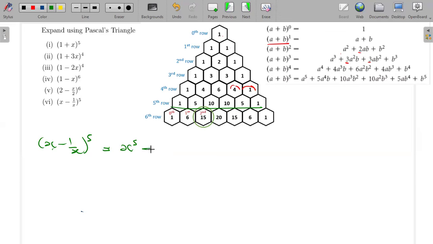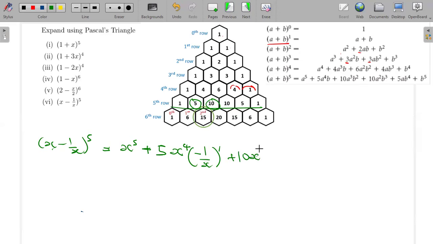Then you say plus. Then you go to the next coefficient there, that's 5. So I write the 5 there. And then this here, the x will reduce in the power, so it will reduce to the power of 4. And then the next one increases to the power of 1. So that will be 1 over x, like that. So it's increased to the power of 1, since it was at the power of 0. And then there you have 10, so that will be 10 there.